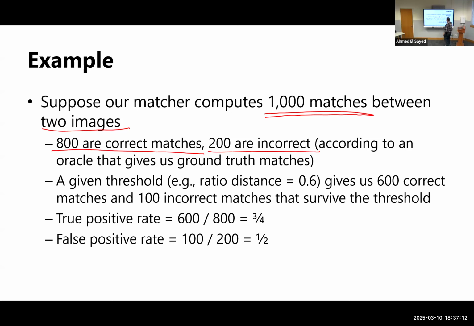Now, in this case, the ratio of the true positive will be 3/4. The ratio of the false positive will be 1/2.